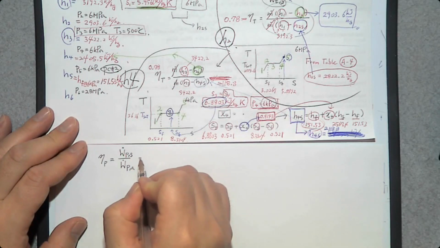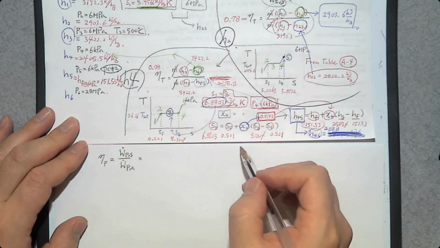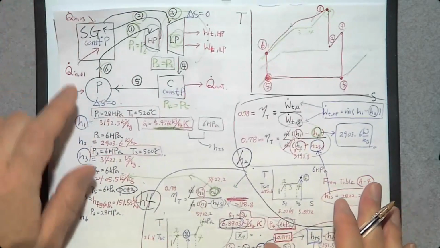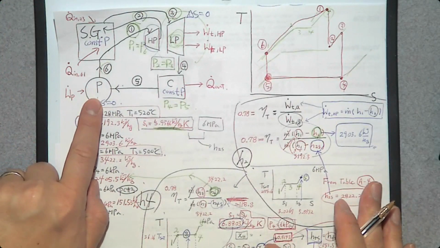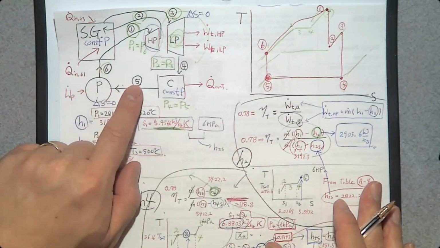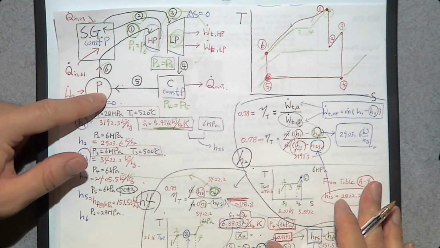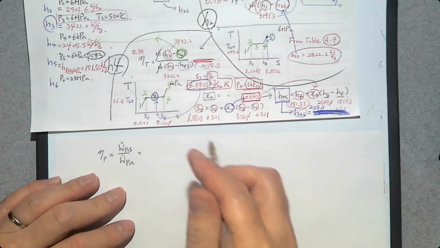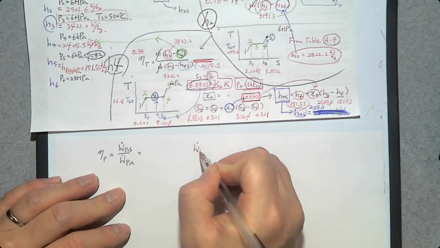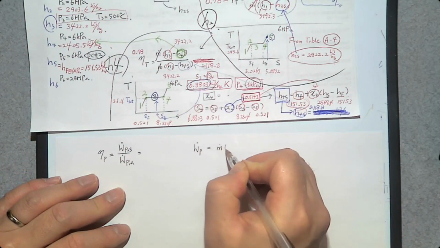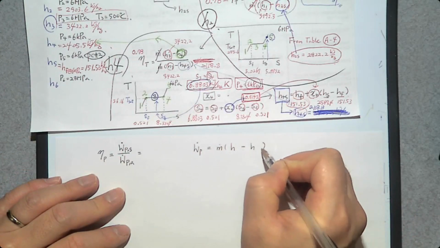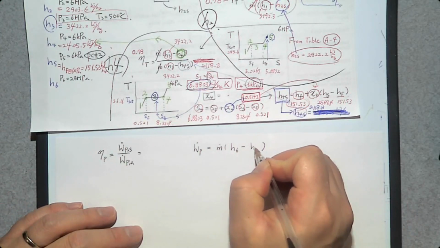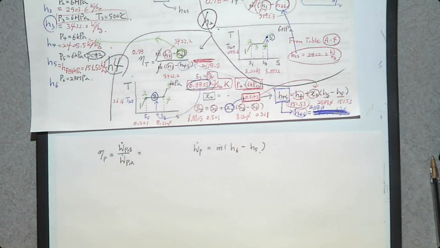So how can we determine W dot P according to the energy balance equation? W dot P is going to be M dot times the difference in specific enthalpy between 5 and 6. The pumping power is added. Therefore, H6 should be greater than H5, so it is H6 minus H5.